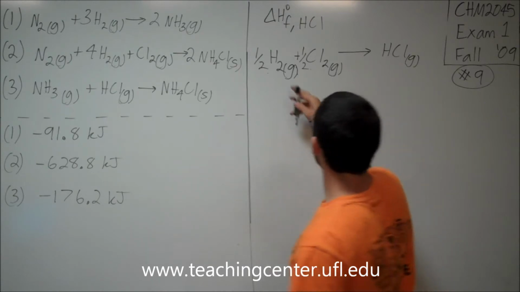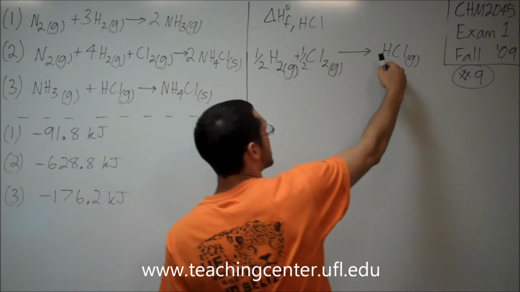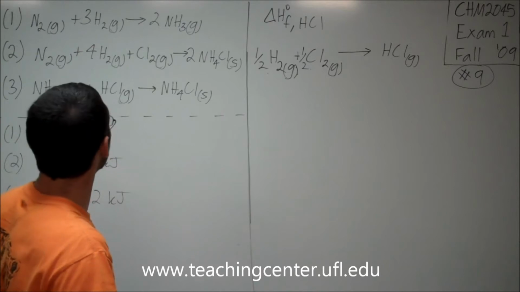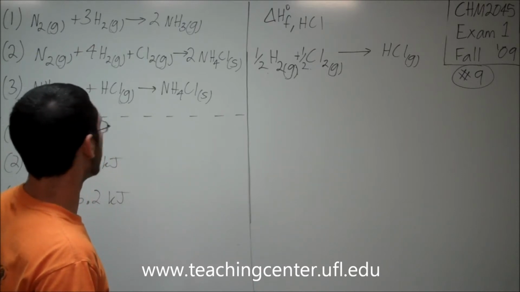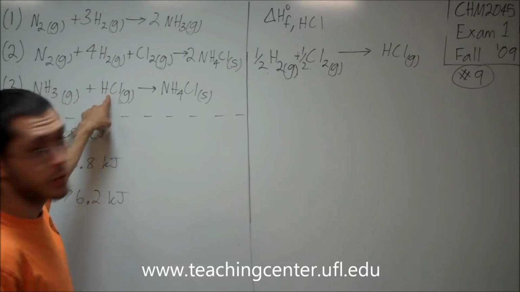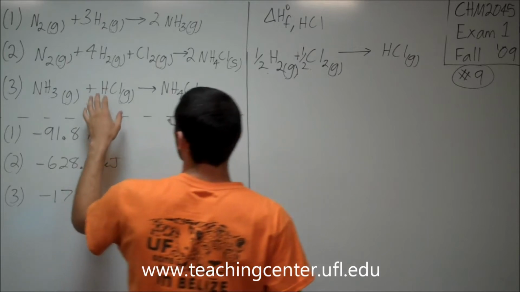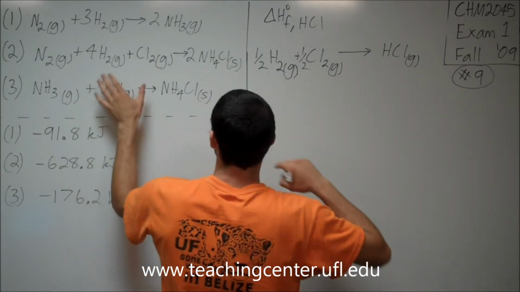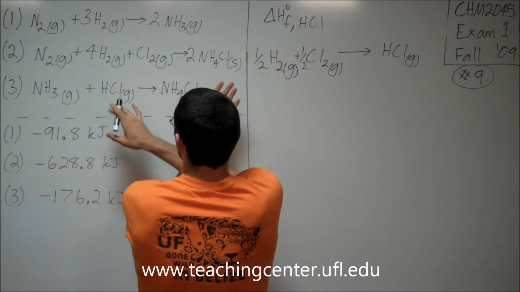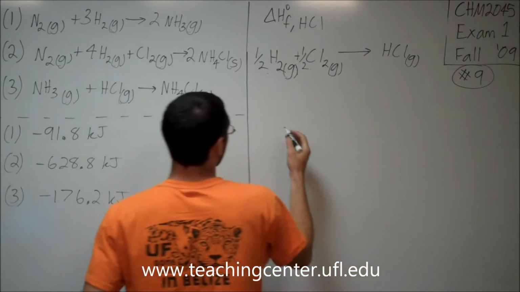So let's find what is only found once in this overall equation. For example, let's look at HCl. I find HCl only here in equation 3. That means that since this is the only source of HCl, I need to flip equation 3 to get HCl to the right of the reaction arrow, because that's how it appears in the overall reaction.